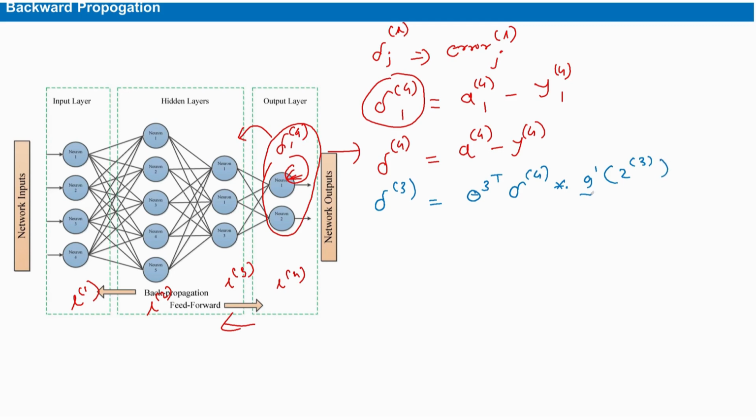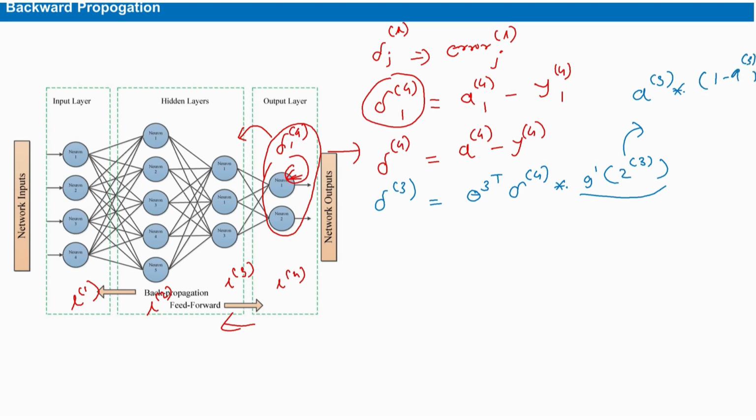This term is the derivative of the activation applied to the linear computation of layer 3. This derivative of Z3 we can compute as the activation of the third layer, A3, into 1 minus A3.